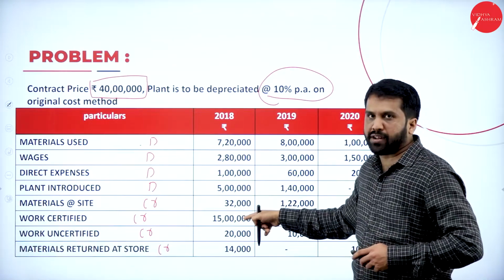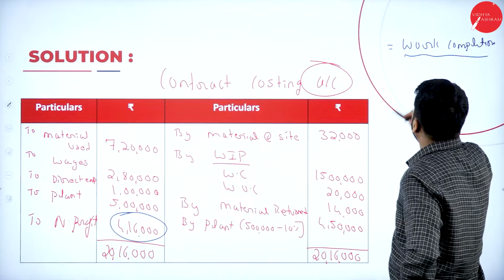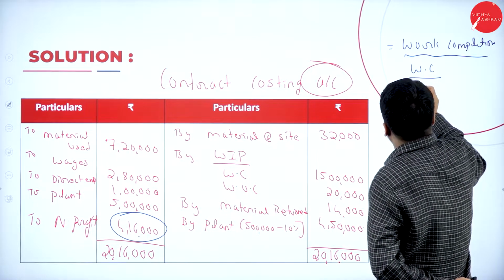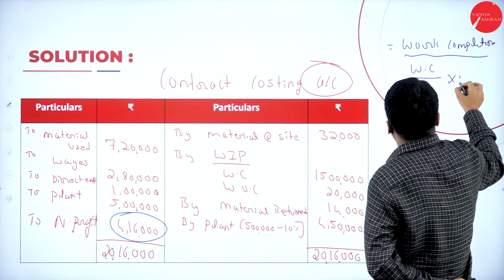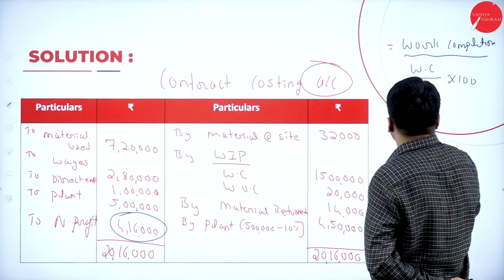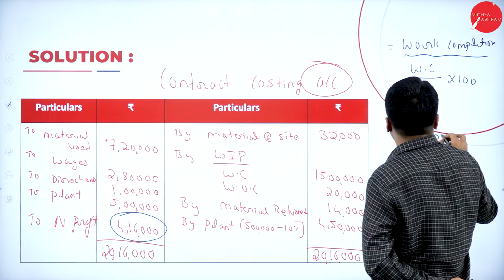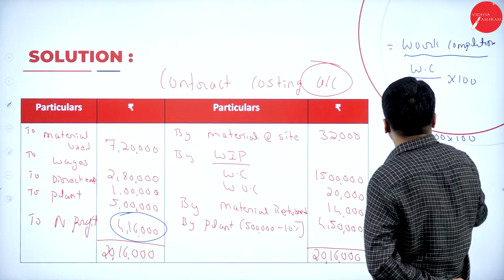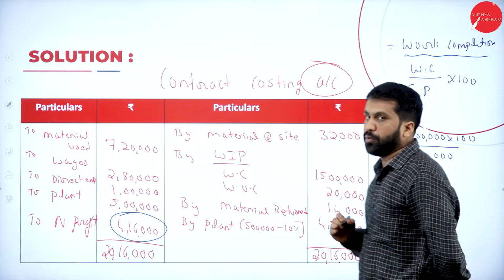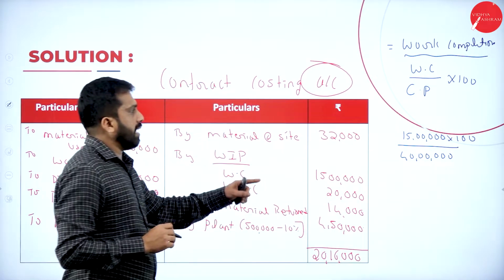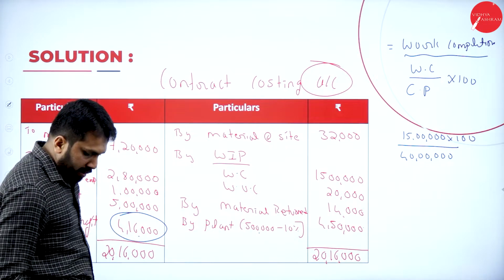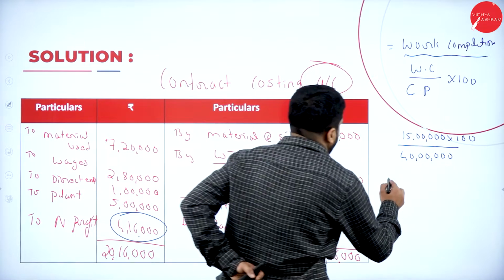You have 15 lakh. Remember, in this, work certified divided by contract price into 100. What is your work certified? 15 lakh into 100 divided by 40 lakh. Hope you are clear? Yes. 15 lakh into 100 divided by 40 lakh. Now we have to calculate. I got around 37.5%.